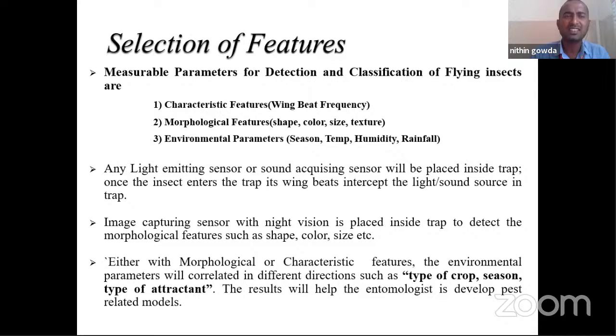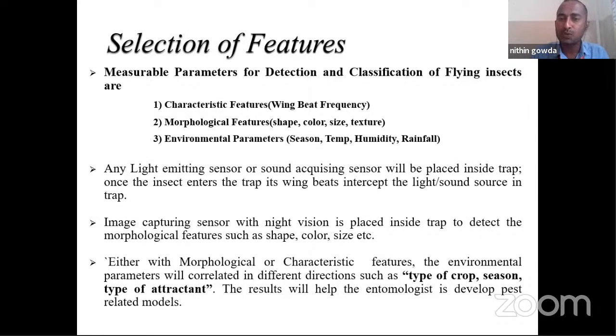So what does characteristic feature mean? Characteristic feature means how that particular insect is going to behave, how it's going to fly, what its speed is. Such things are called characters, meaning how it behaves. Such things can be recorded to identify which class of insect it is.